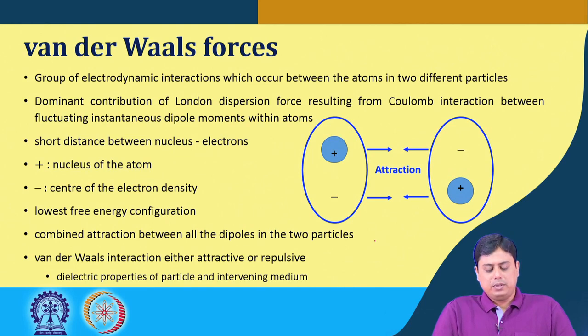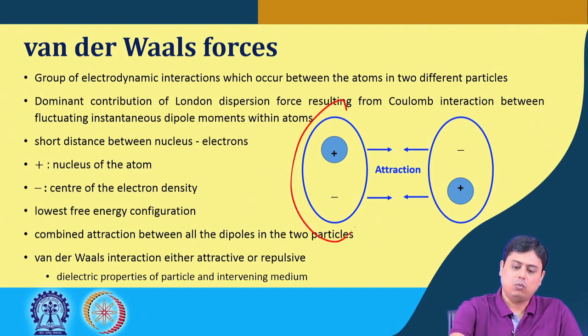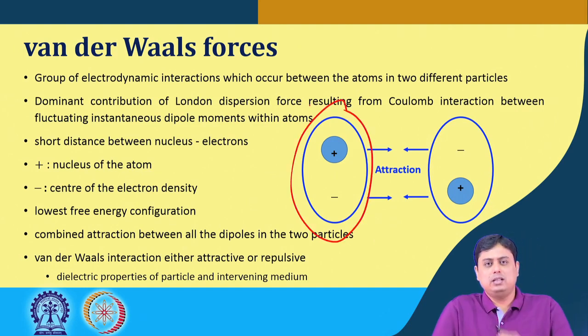Now, in order to be in a minimum energy state, one atom would be in such a configuration where the plus sign designates the nucleus of the atom and the negative sign is the center of the electron density.